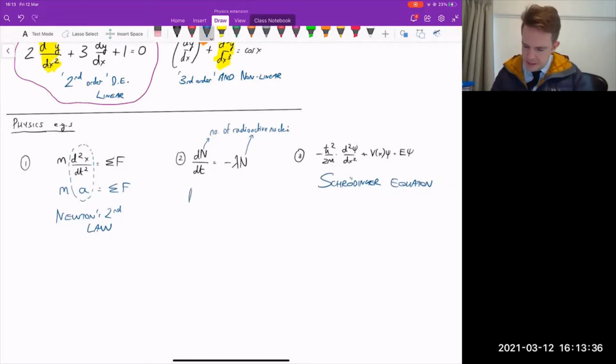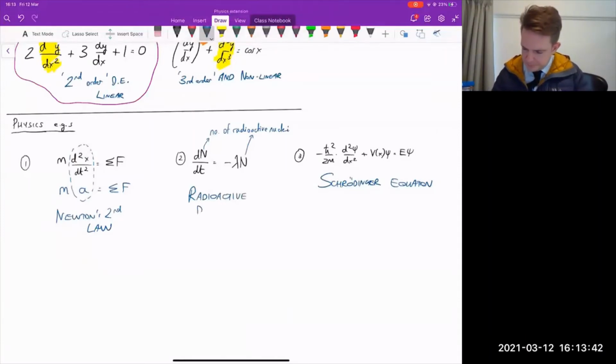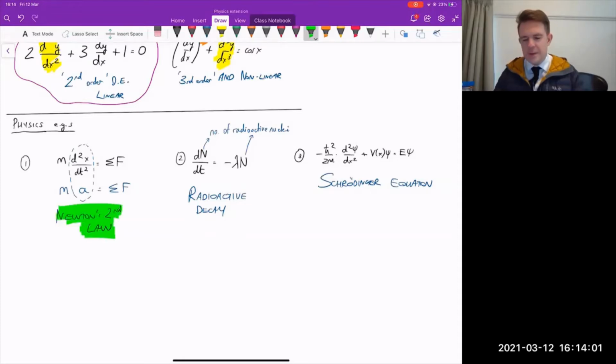So this is the radioactive decay law. Now, if you're in the first year, you will study this middle one as part of nuclear physics. And hopefully in the first year, you've come across already Newton's second law, right? So that's definitely something you've come across. You've just not written it in its full mathematical form.